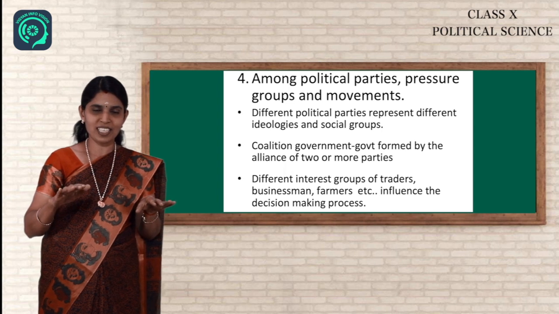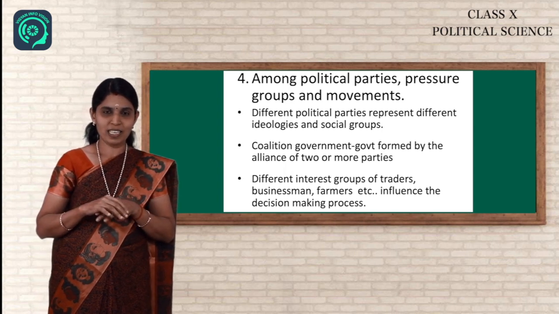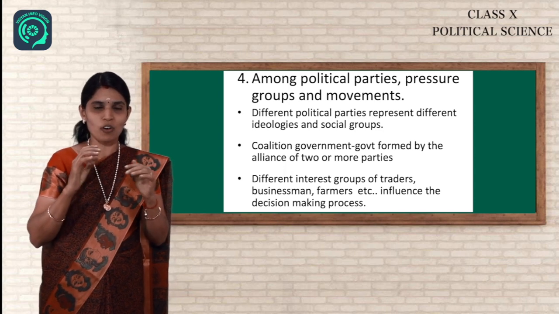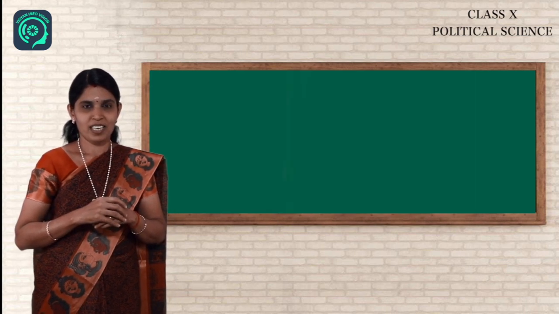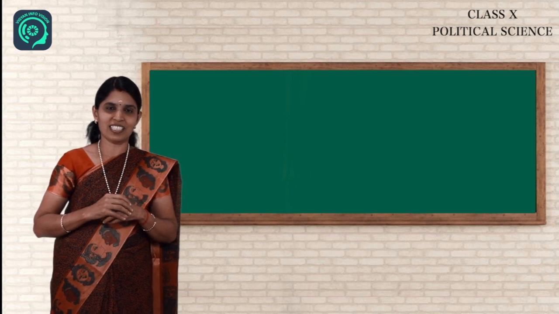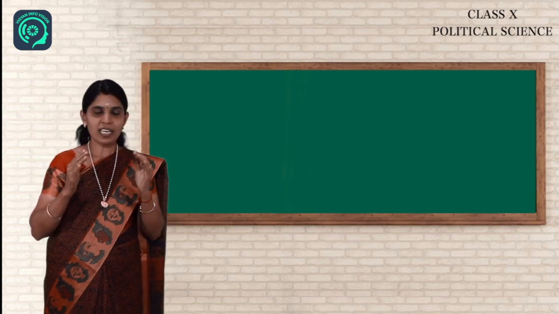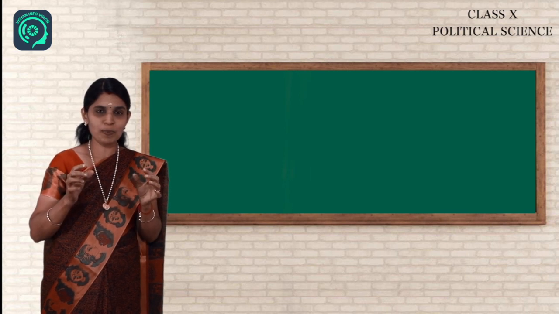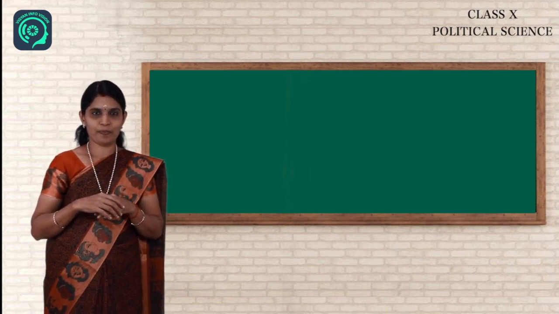Our first chapter, power sharing, is over. Let me sum up the main points of this chapter. First, we started with the country Belgium. In Belgium, the different social groups are Dutch speakers, French speakers and German speakers.